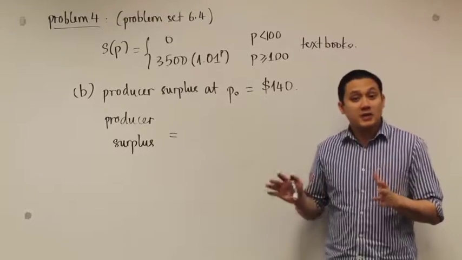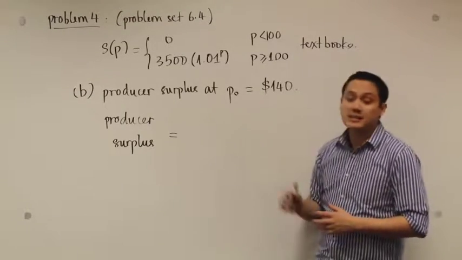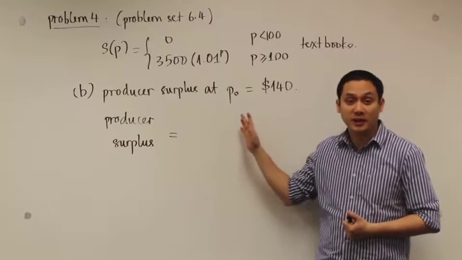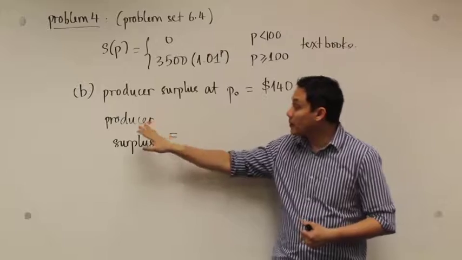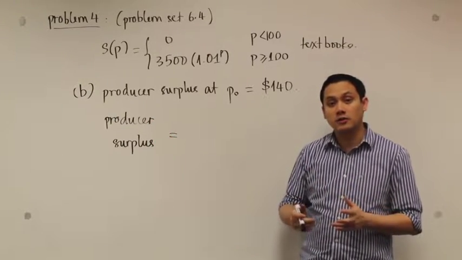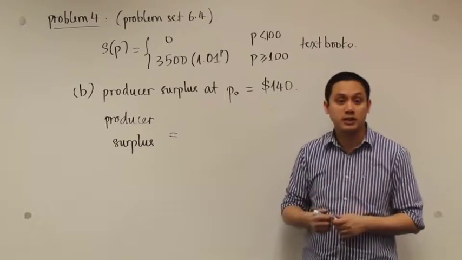In part B, they ask you to calculate the producer surplus at the price of P0 equal to $140. This is the set market price. And if you remember, the producer surplus is the definite integral from the shutdown price to the set market price of the supply function.